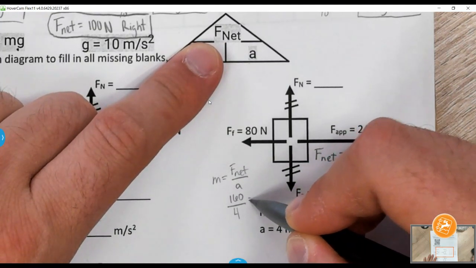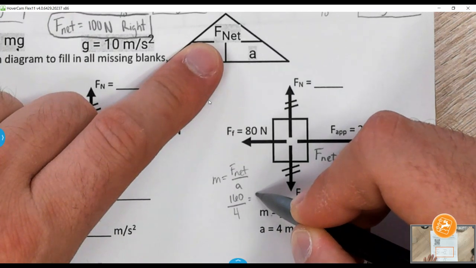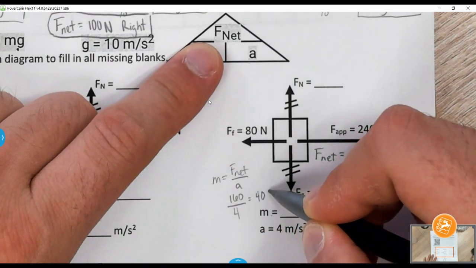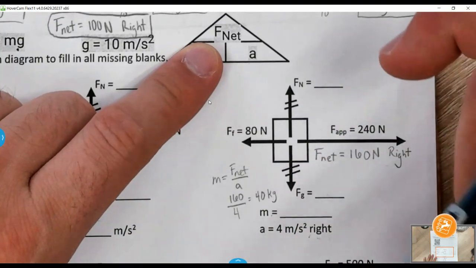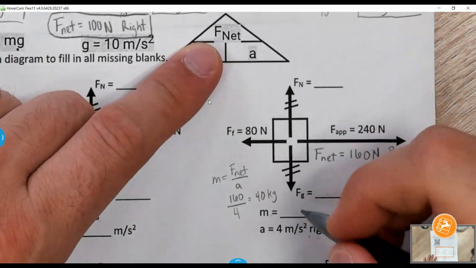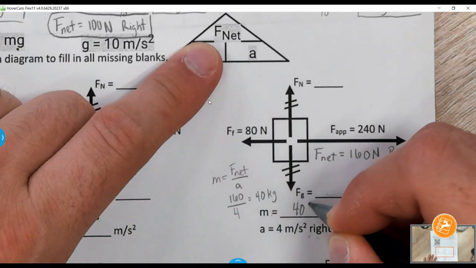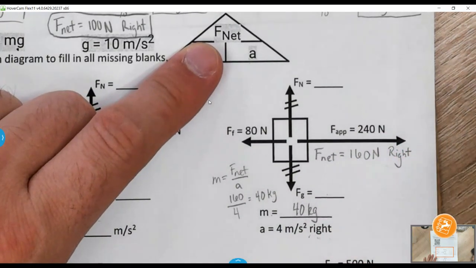So 160 divided by 4 would be 40 kilograms. So the mass now is 40 kilograms.